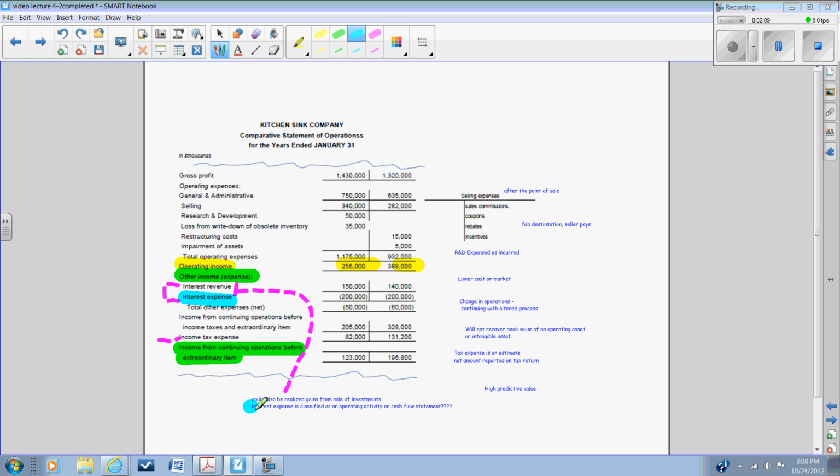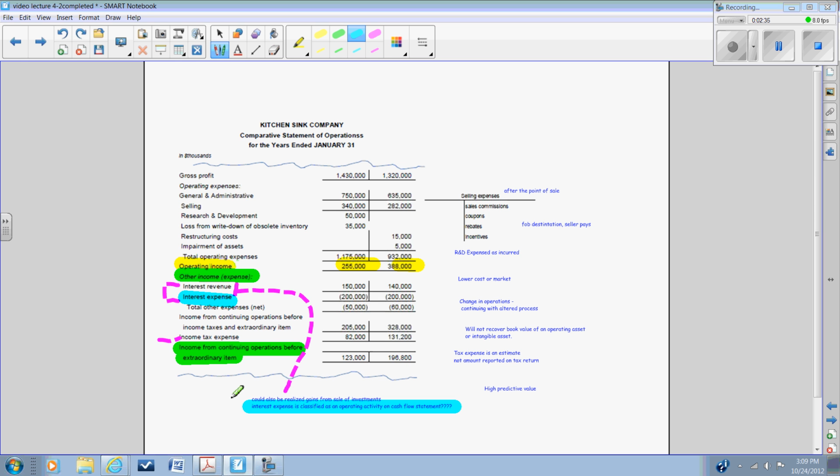However, interest expense is classified as an operating activity on the statement of cash flows. Now, this is kind of a disconnect that the FASB has noted, and there are some changes coming, but we'll talk about that in a different video lecture.